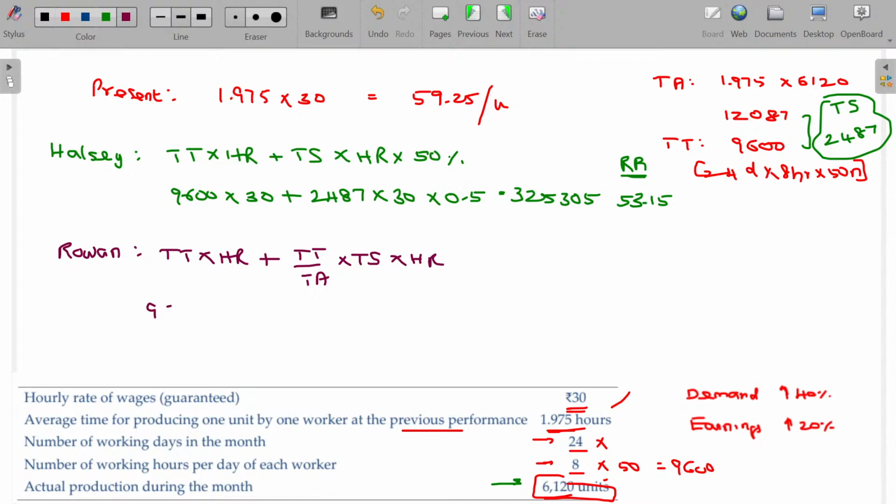Time taken being 9,600, hourly rate being 30, time allowed here being 12,087, time saved being 2,487, hourly rate being 30.